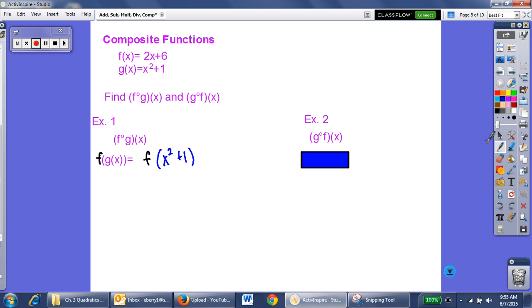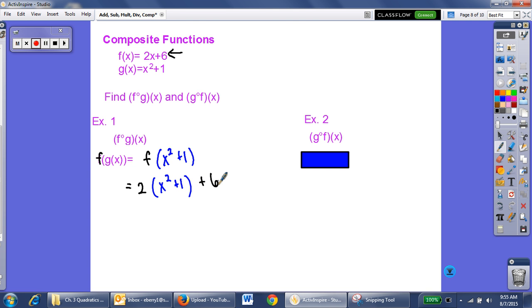So now I'm looking at the f function, which I still need to evaluate. So now I have f of x squared plus 1. Here is my f function, and I'm going to write it, so 2, and instead of x, I'm putting in x squared plus 1. And then I still have plus 6 at the end.